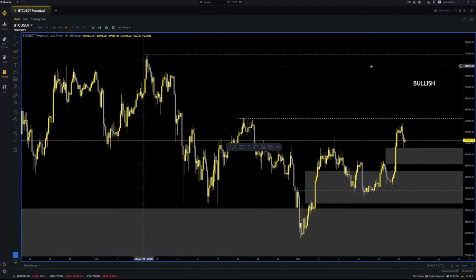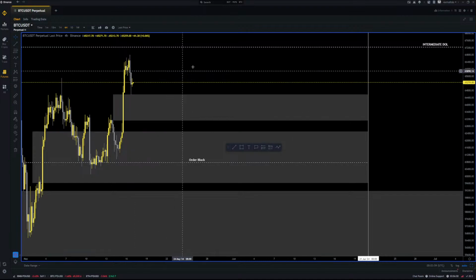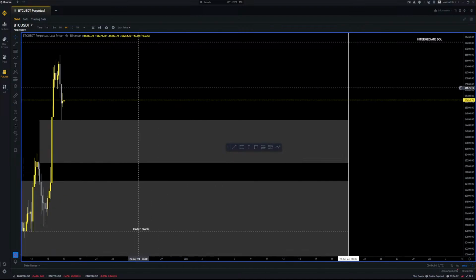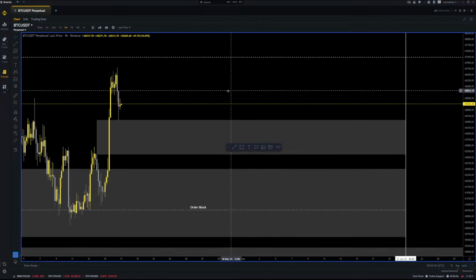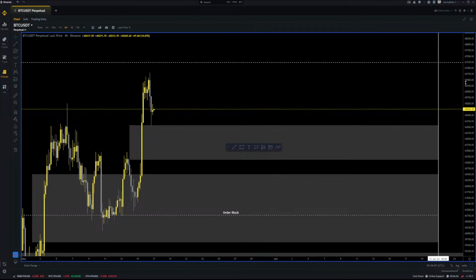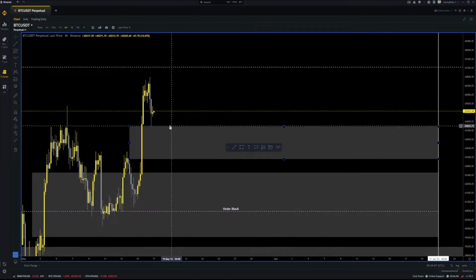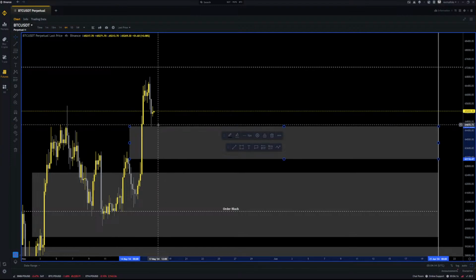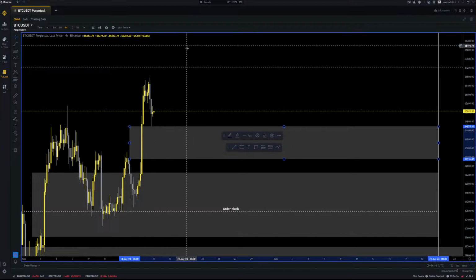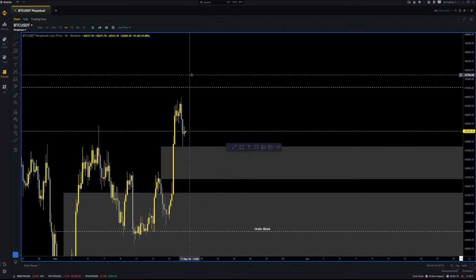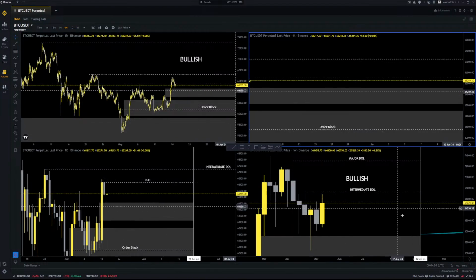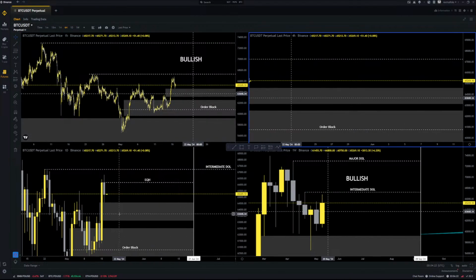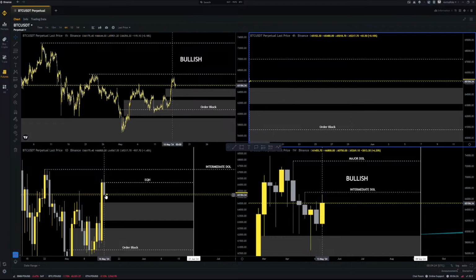Let's go on our 4-hour time frame. Okay, everything looks pretty good here. I'm bearish, and it would be great if we get attracted onto this imbalance, to fill this imbalance first before going higher. The overall trend, as you can see from a weekly perspective, is bullish. On a daily perspective, we need to be bearish.